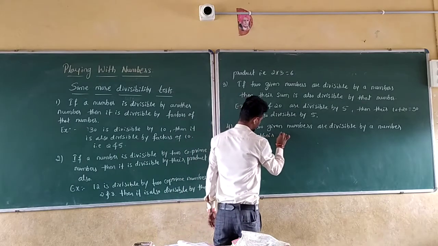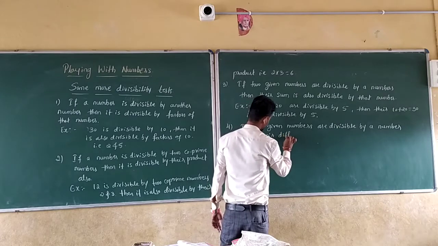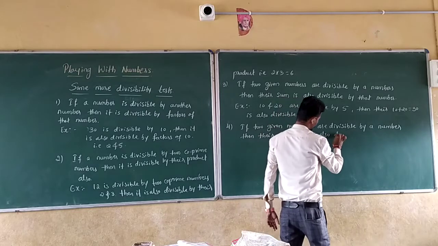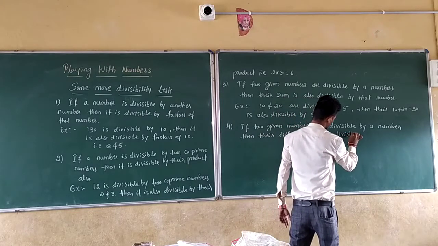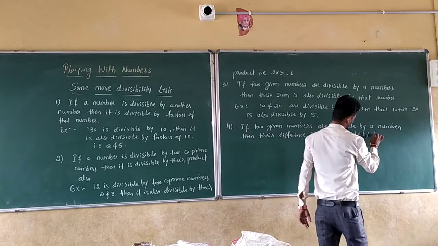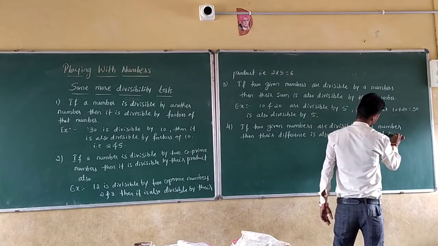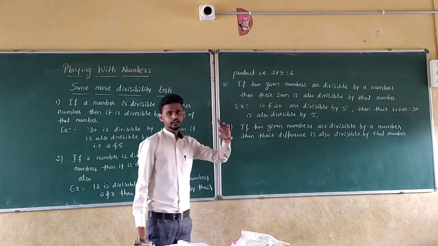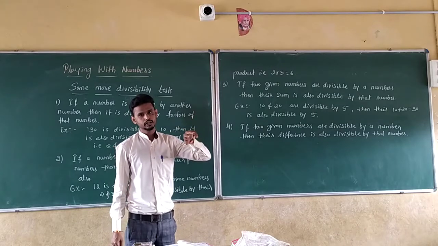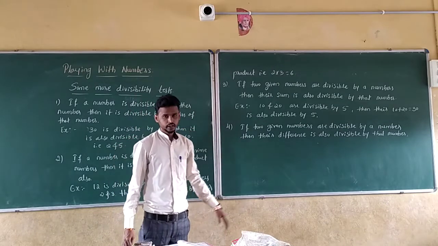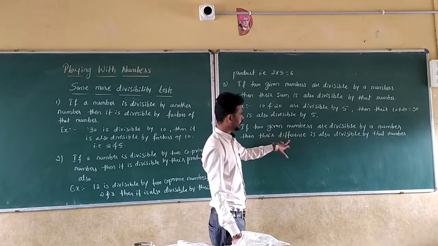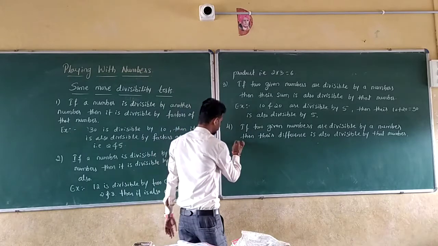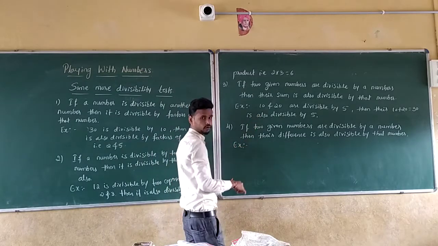Same as the third one. If two numbers are divisible by a number, then the sum is also divisible by the number. Like that, fourth one, if two numbers are divisible by a number, then their difference is also divisible by that number. Difference means subtraction.